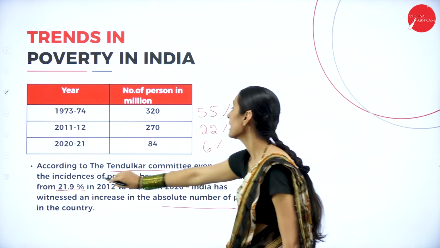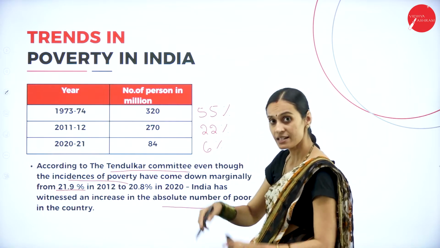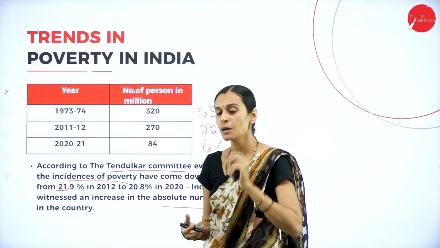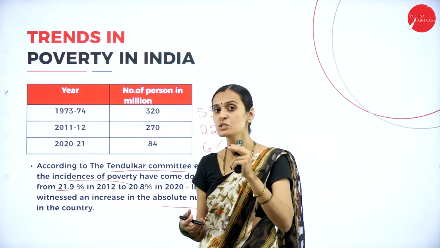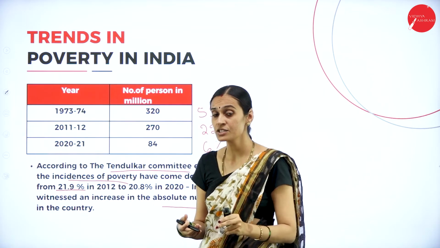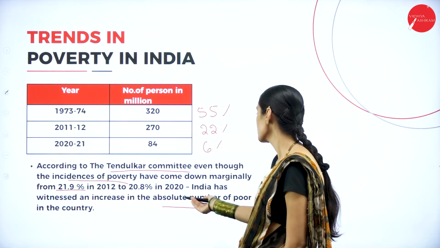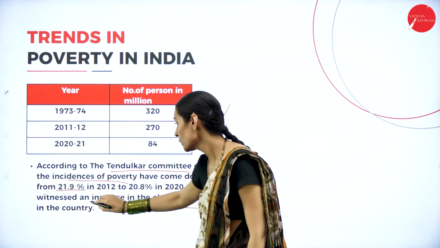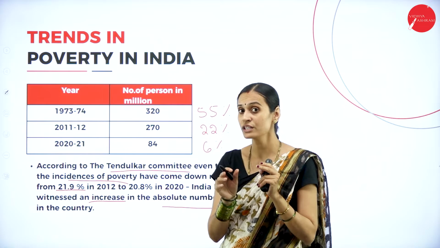So the incidence of poverty has come down, but the absolute number of poor, which we measure on the basis of income, is increasing.